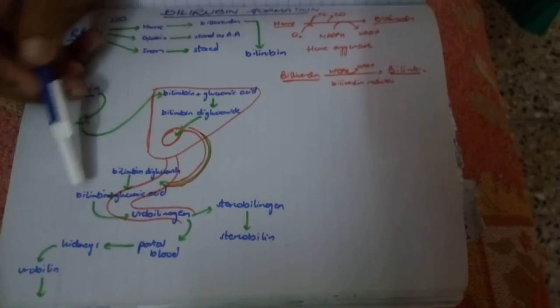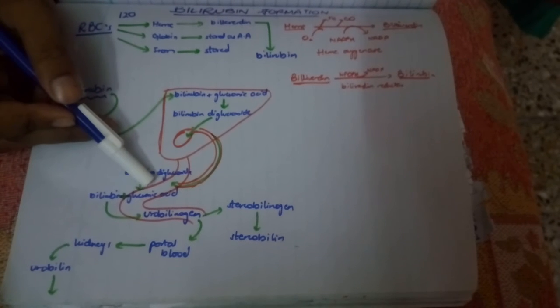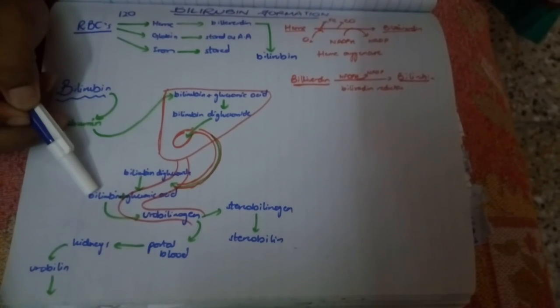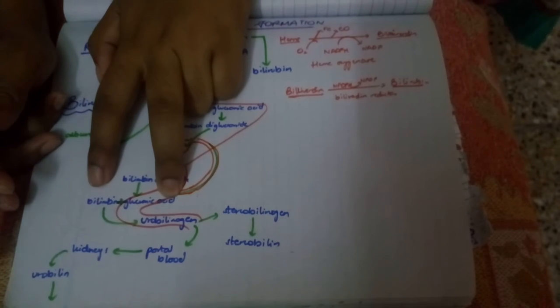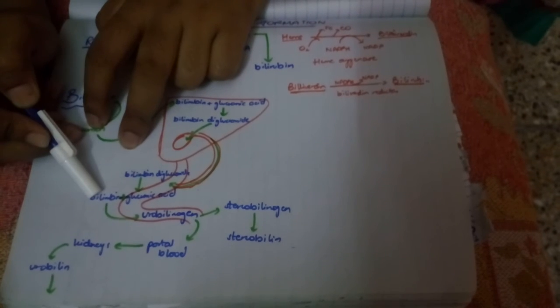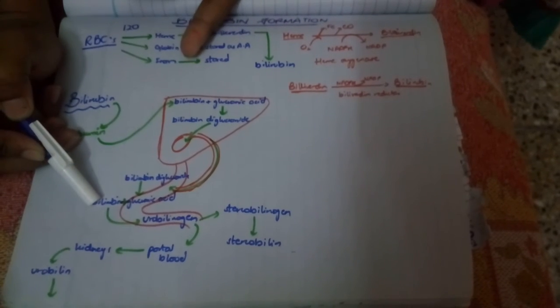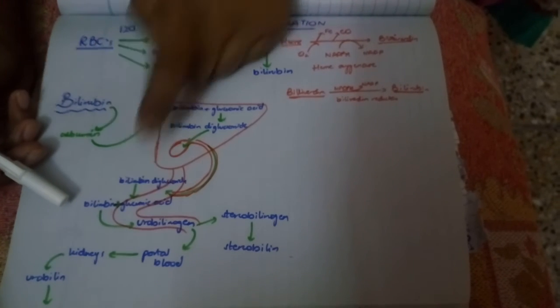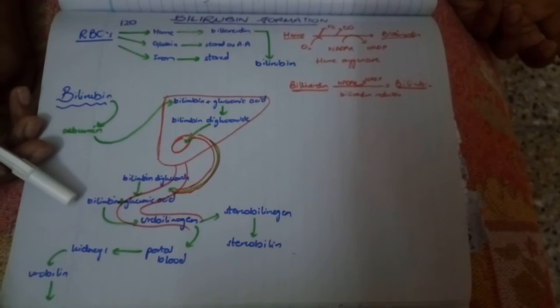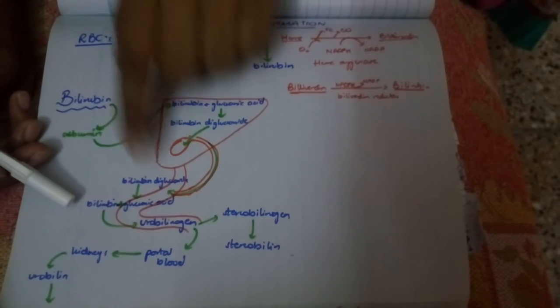Here is the small intestine. When bilirubin diglucuronide comes here, it is broken down into its components, which are bilirubin and glucuronic acid. Now this bilirubin is converted by the action of some bacteria which are present in the small intestine into urobilinogen. Urobilinogen is another product during this RBC degradation.